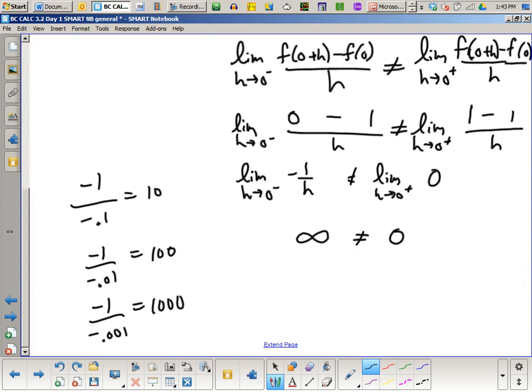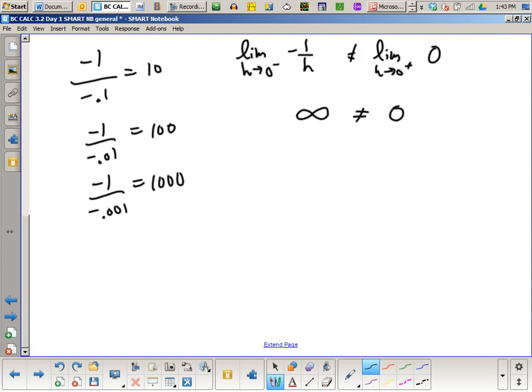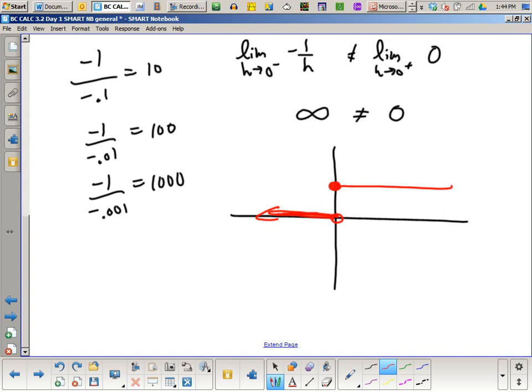So what's going on here? Well, we said it wasn't differentiable because the graph was broken. We can also see that we have a different LHD and RHD. Let me just draw a picture of why this happened. The left side looked like this, and the right side looked like this, and we were trying to connect a point here to a point here and find the slope. And we kept moving this point inward, but see how the slope is increasing?